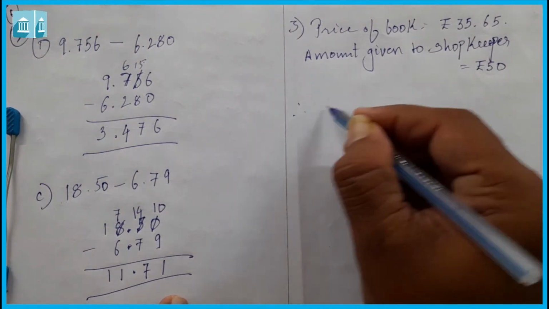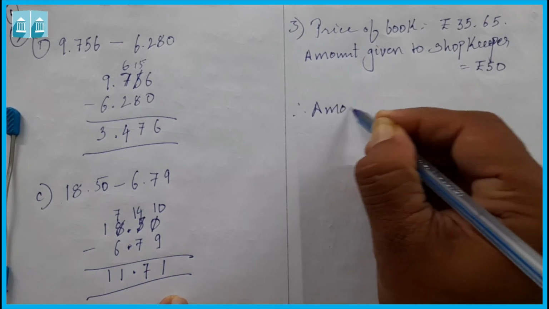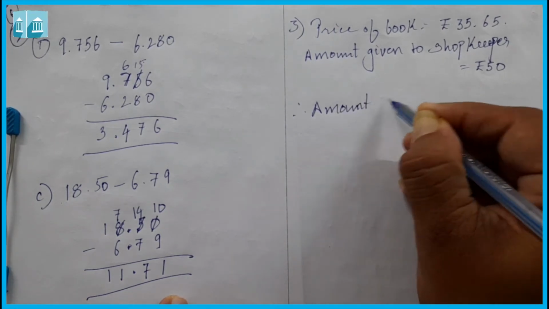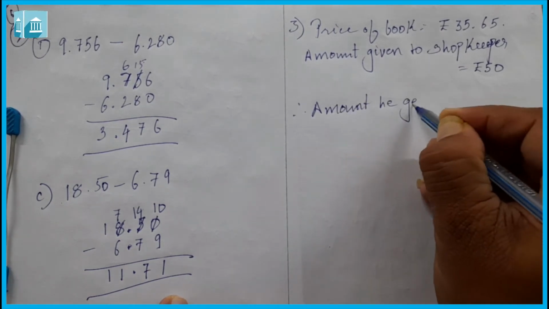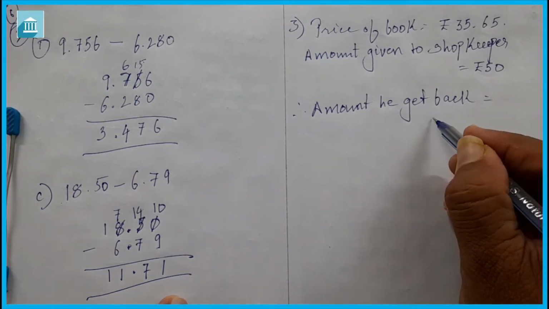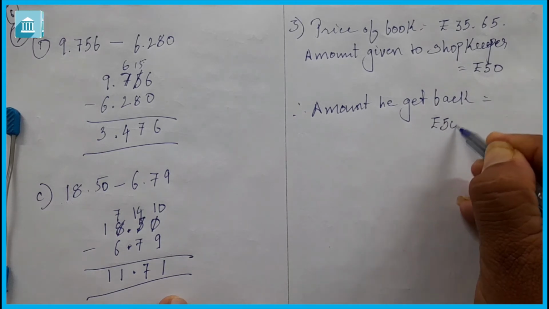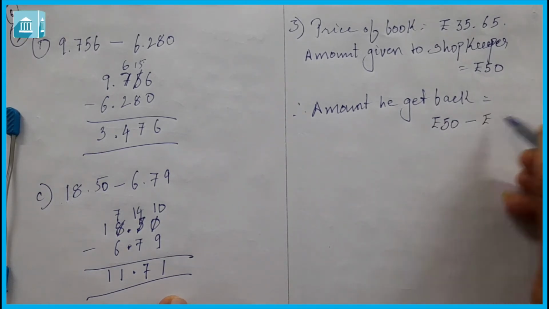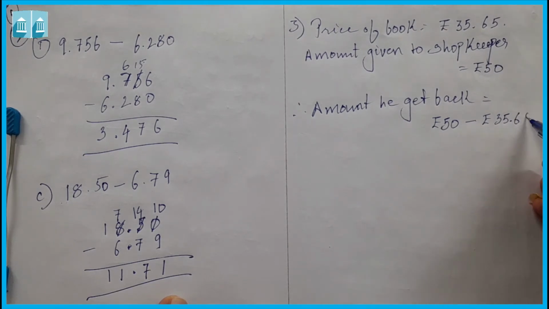So we can say that amount he gets back is equal to rupees 50 minus rupees 35.65.